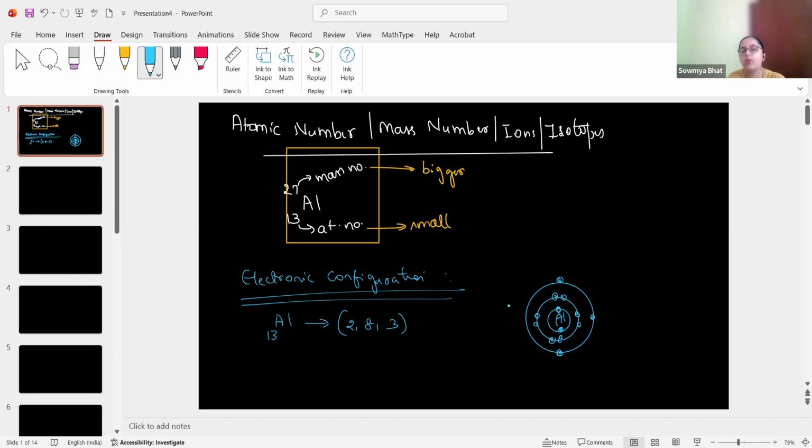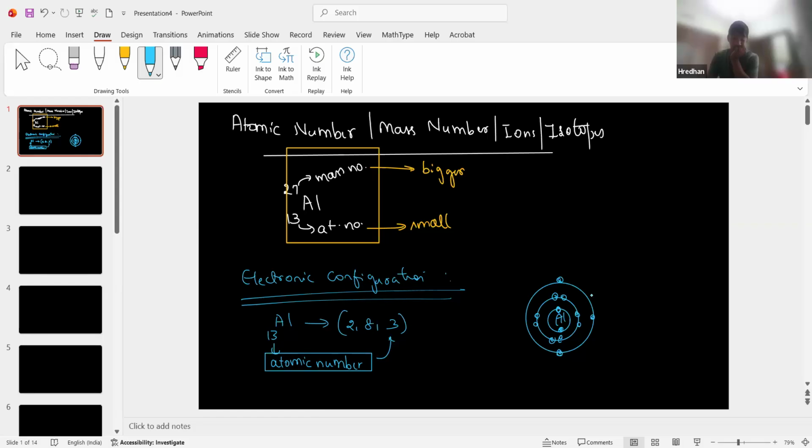What? Sorry, I didn't get it. This atomic number can be written this way, where each of them represents a shell or energy level. Okay.